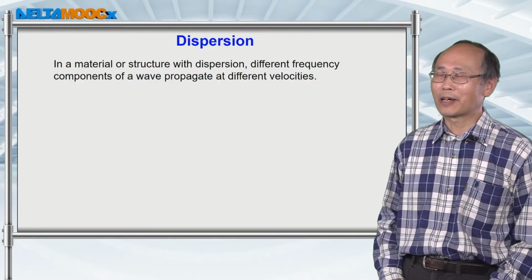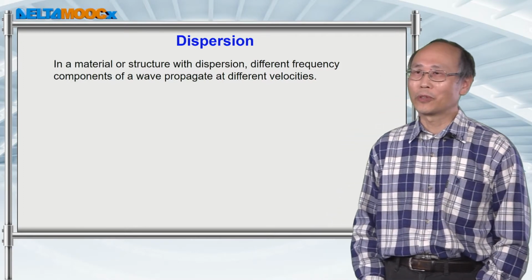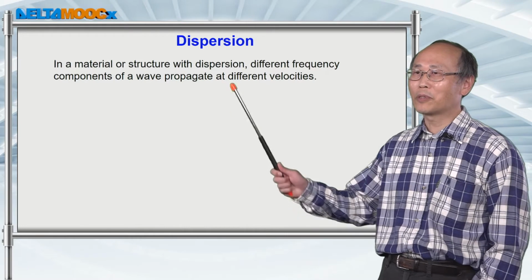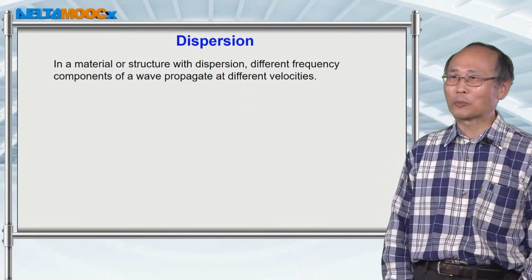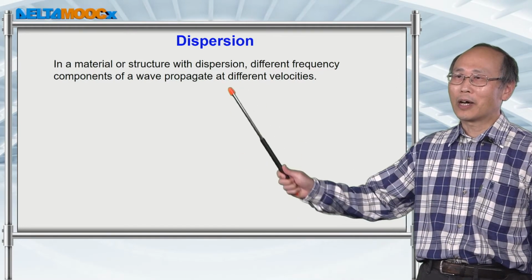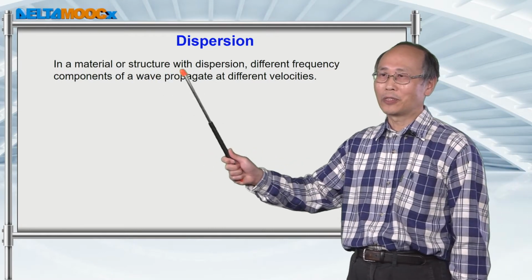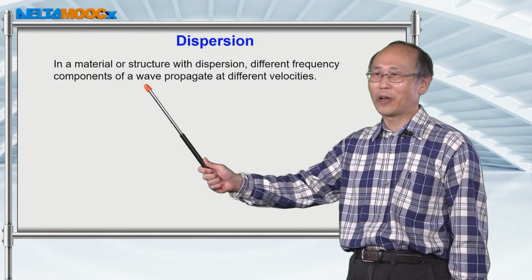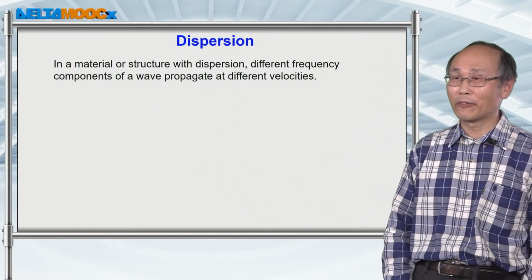For example, in the transmission line, we care a lot about the transmission of a signal. So I want to introduce the concept of dispersion first. In a material or structure with dispersion, different frequency components of a wave will propagate at different velocity.